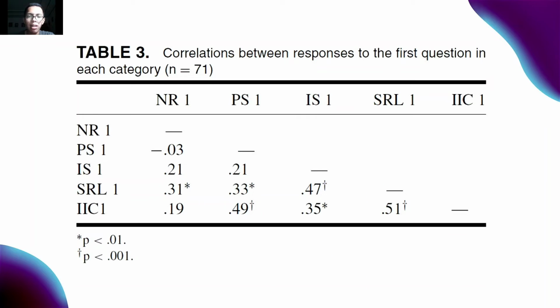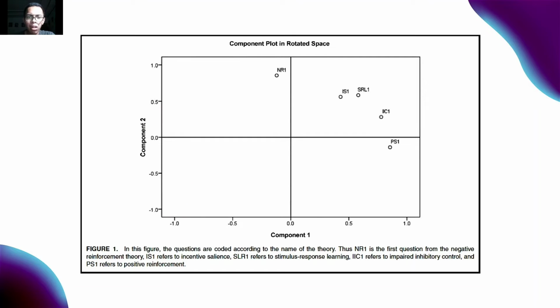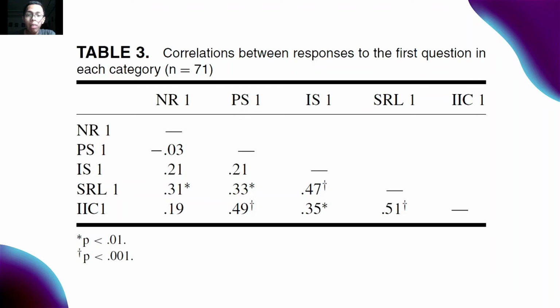The correlation matrix for results from the first question from each category is shown in Table 3. The factor analysis resulted in the emergence of two factors accounting for 60.3% of the variance in Figure 1. One factor corresponded basically to negative reinforcement, and the other corresponded basically to positive reinforcement.